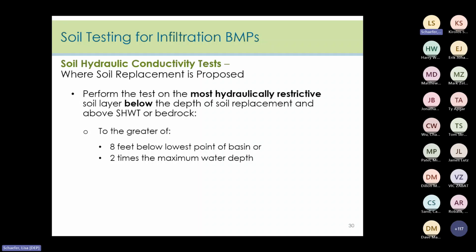All right, so note that the depth requirement of whichever is greater, 8 feet or twice the maximum water depth, is measured from the lowest point of the basin bottom or from the bottom of the soil replacement, whichever is deeper into the earth. Very often, we've seen the soil hydraulic conductivity test is performed at the top of the soils to be replaced, but not included in the depth of the replacement. And that is the wrong place to do this.